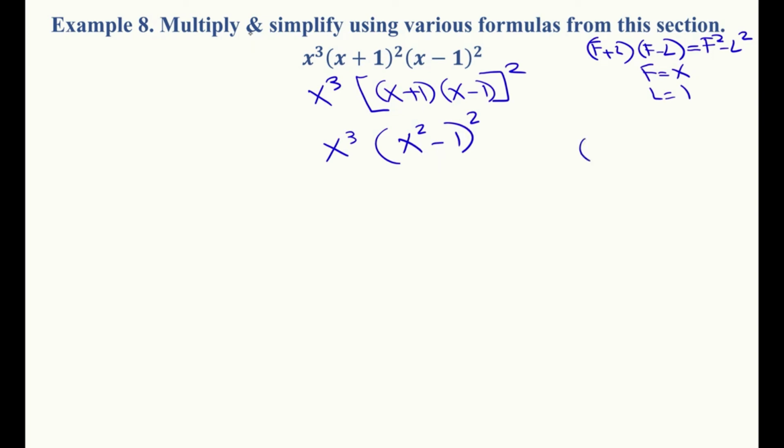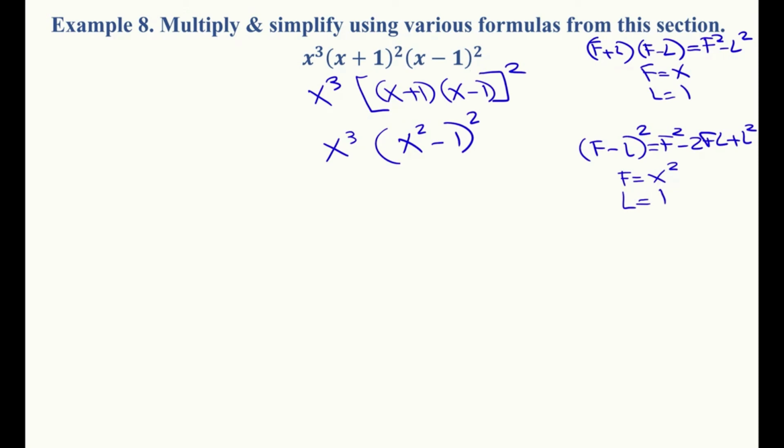So the square of a difference formula is quantity f minus L squared equals f squared minus 2fL plus L squared. Here we have a different f, here it is x squared, and L here is 1. So we're going to apply this formula for this f, x squared, and for this L, 1.